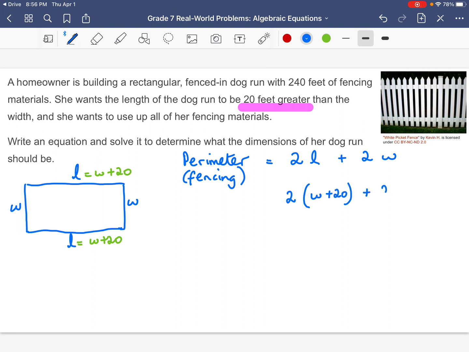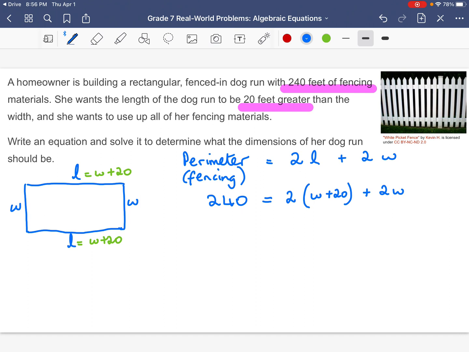And then I have the 2 width as well. And instead of just writing perimeter, I'm going to write 240 because we're told that there's 240 feet of fencing altogether. So now I have an equation I can work with.